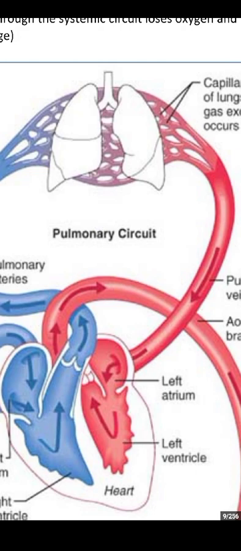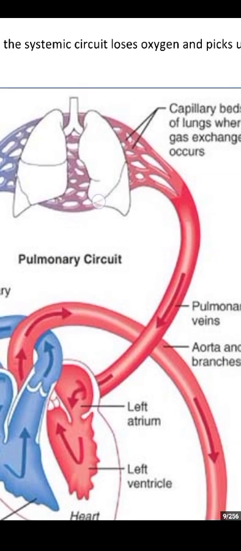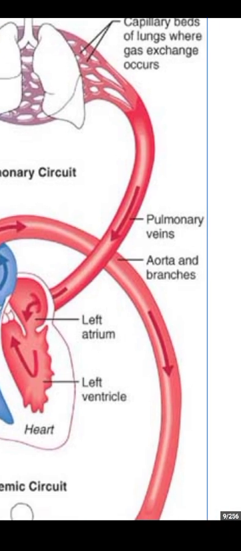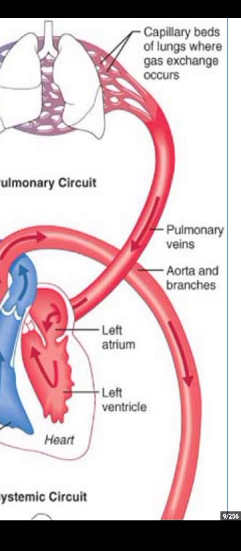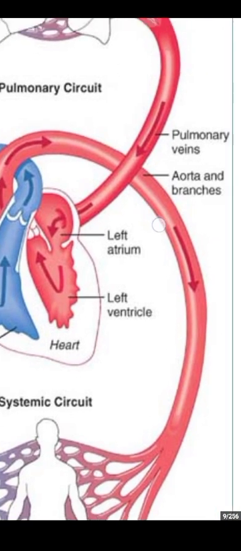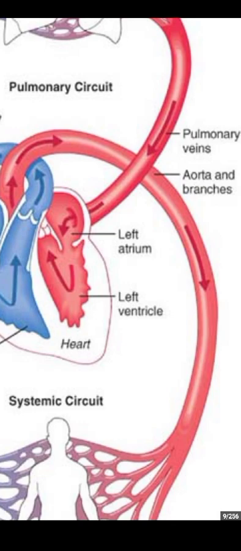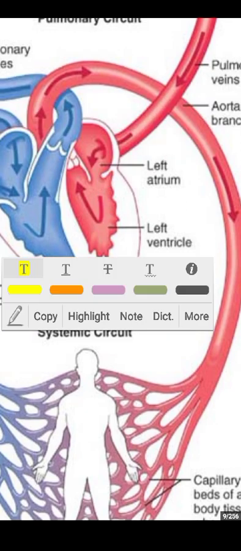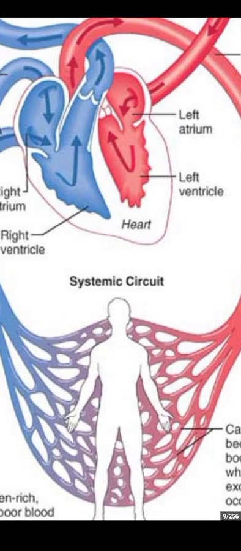The deoxygenated blood is converted to oxygenated blood by the lungs, the capillary beds absorb the oxygen, and the oxygenated blood is supplied into the pulmonary vein, which enters the left atrium. This is the mitral valve or bicuspid valve, and through the bicuspid valve it enters the left ventricle.